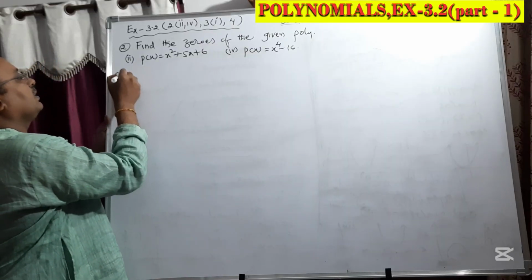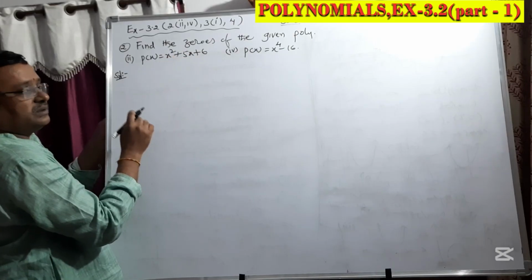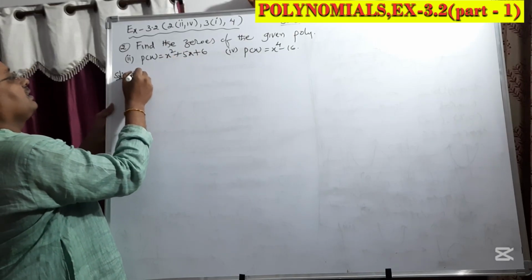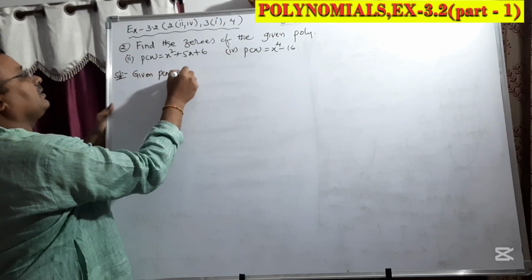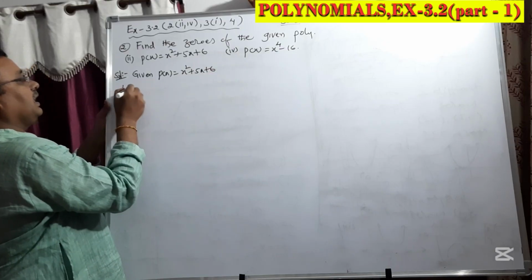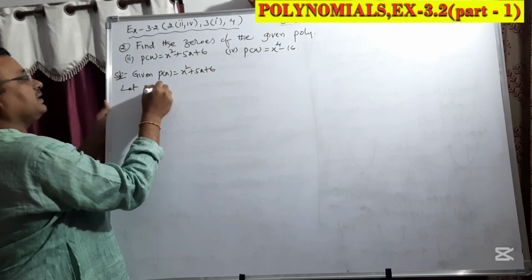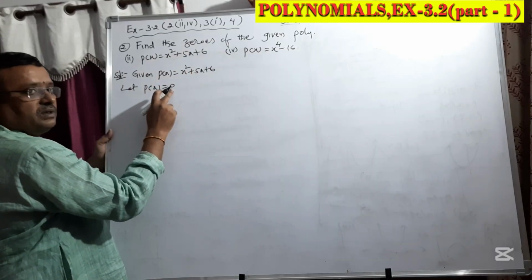Solution. The algebraic method we are applying for finding the zeros. Given p(x) = x² + 5x + 6. Let p(x) = 0. To find the zeros, make the polynomial equal to 0.